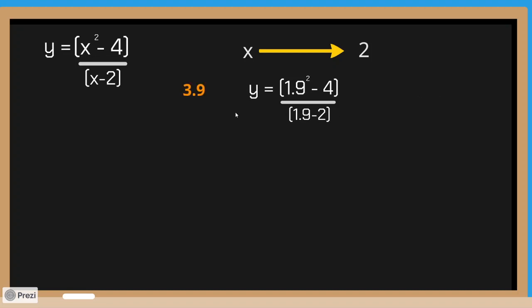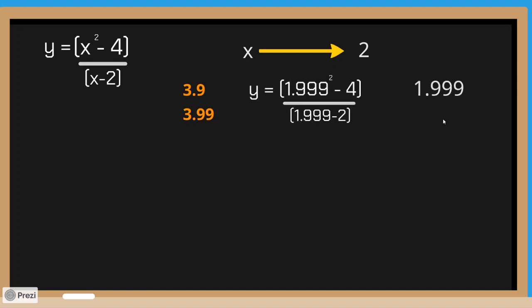What happens when x is 1.99? It becomes y is equal to (1.99 square minus 4) whole divided by (1.99 minus 2), and the answer will be 3.99. What happens when I go even closer to 2? 1.999. y is equal to this thing, and the total answer is 3.999. That's pretty nice. I'm getting some value.